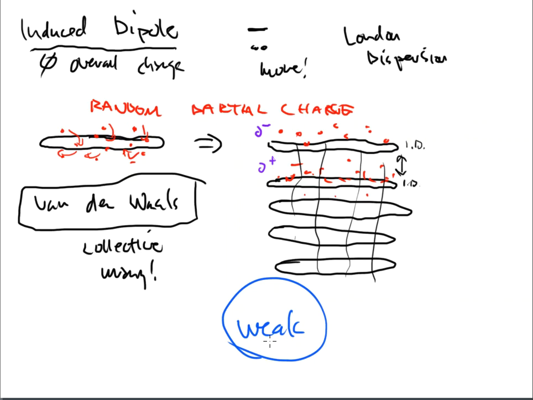The issue, though, is that as they increase in number, the strength goes up. So if we have a bunch of molecules that come together and arrange themselves in this fashion, that's great, because the more that they do that, the stronger those forces are going to become overall. However, if I look at the individual force between two of those molecules, whoop, they're very easy to break.